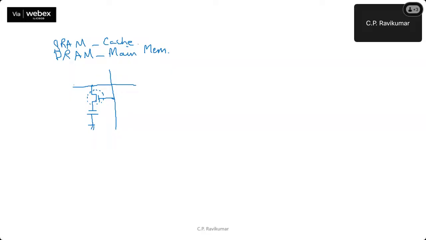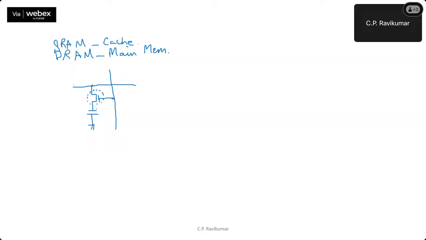So how does the DRAM remember logic 1 or logic 0? In order to select this particular cell, we have to put a high on the word line. If you put a 1 on this, then you see this transistor will conduct, right? And a charge will be stored on this capacitor. As soon as this voltage reaches close to VDD, this transistor will turn off, right?